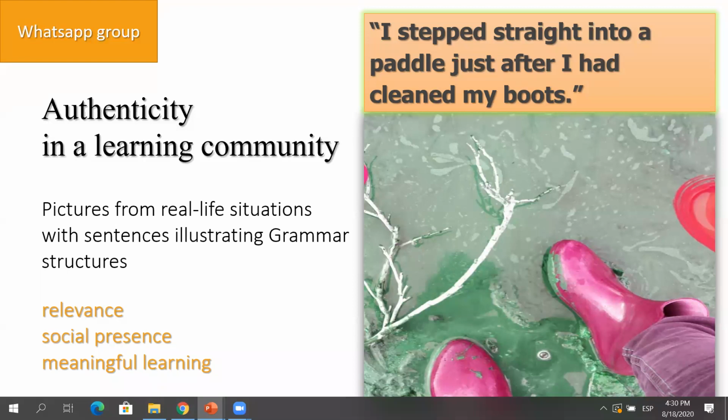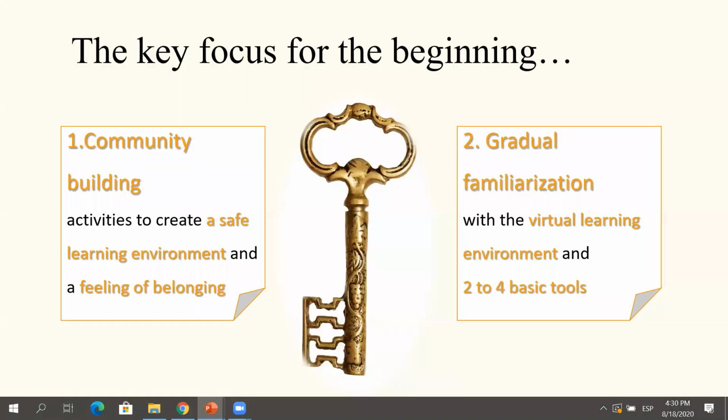In the WhatsApp group that we had, I told them to upload pictures that illustrate the tense that we had learned lately. For example, this is a picture that was uploaded in the WhatsApp group, and students had a lot of fun indeed. They were talking about real life situations. They were using grammar structures, and this was an opportunity for authentic learning.